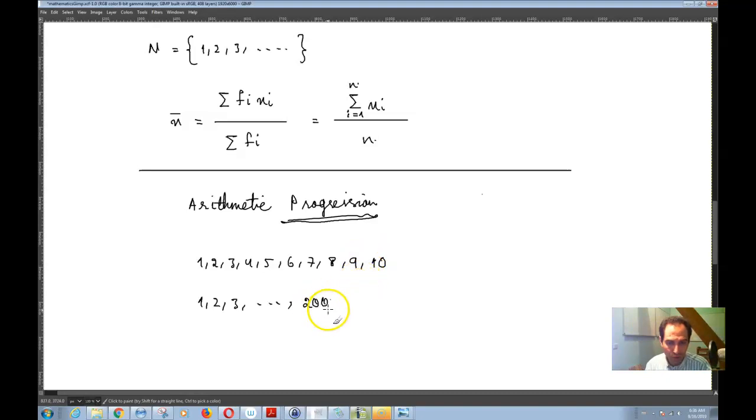Mathematicians used to do this around 100, 120, 130 years ago. I saw this movie, The Man Who Knew Infinity.